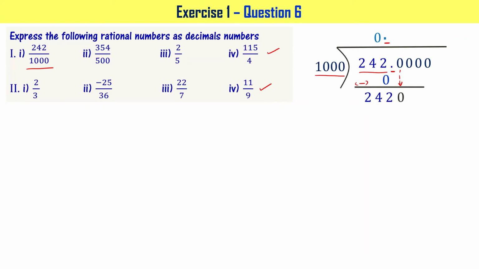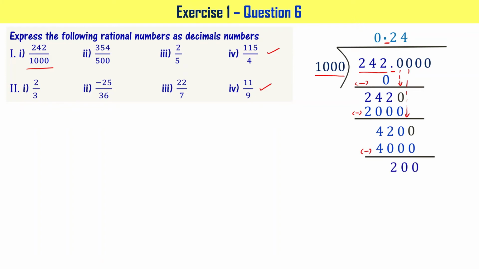I can divide this with 1000 two times. 2 times 1000 is 2000, right? I want to subtract 2000 from 2420. So the answer is 420. Now let me bring the second 0 down so that it becomes 4200, right? Now 4 times 1000 is 4000. Let's subtract that from 4200. When you do that, what you have is 200.